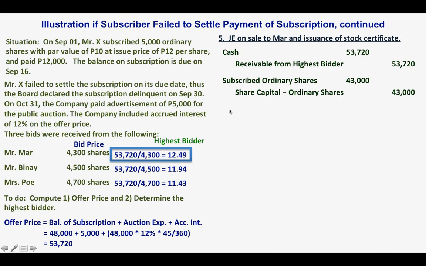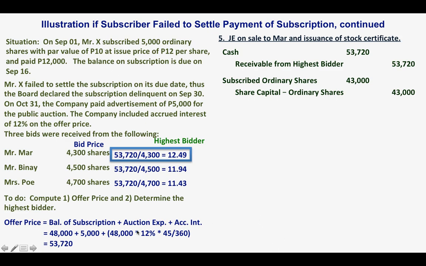So we will debit subscribed ordinary shares because it was still in the subscribed, and since Mar has already made a full payment on that, we will debit subscribed ordinary shares and credit share capital ordinary shares of 43,000. Of course, 43,000 is computed as 4,300 shares times its par value.